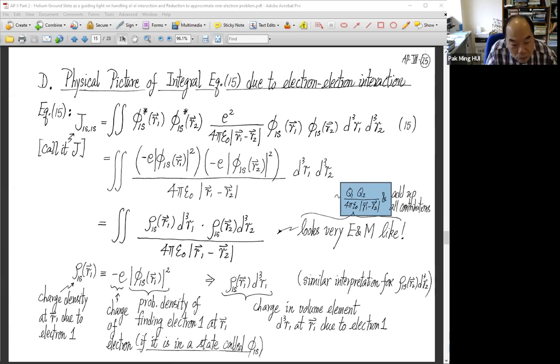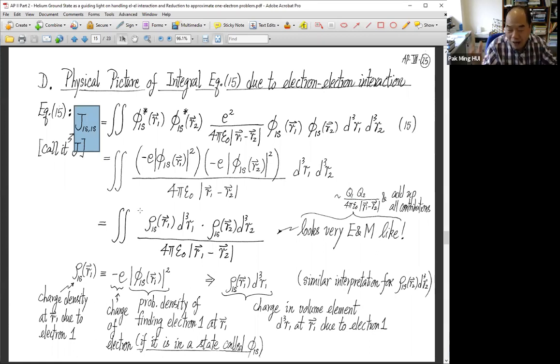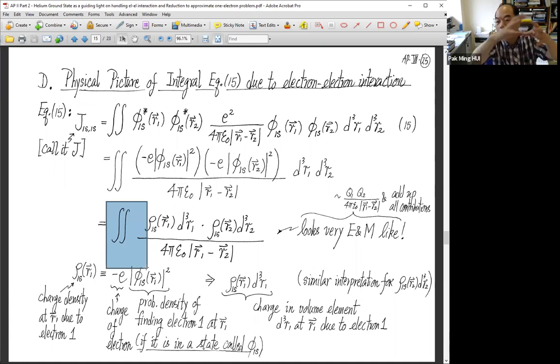The total Coulomb repulsive energy is to add up over where the two electrons are. So I have this double integral over all the places electron 1 and electron 2 can be. So it seems to be rather ordinary, right, if you think about it. It's a good mixture of quantum mechanics and your E&M knowledge.